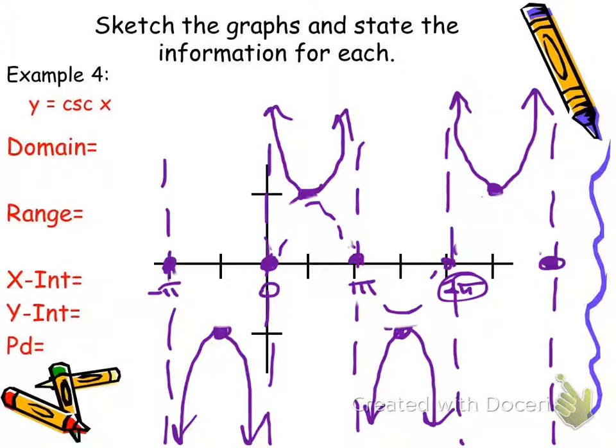This next thing over here, we got 0, 1 pi, 2 pi, 3 pi. The cosecant is broken at all those values. So the domain is everything except k pi, where k is an integer. The integer multiples of pi break it.